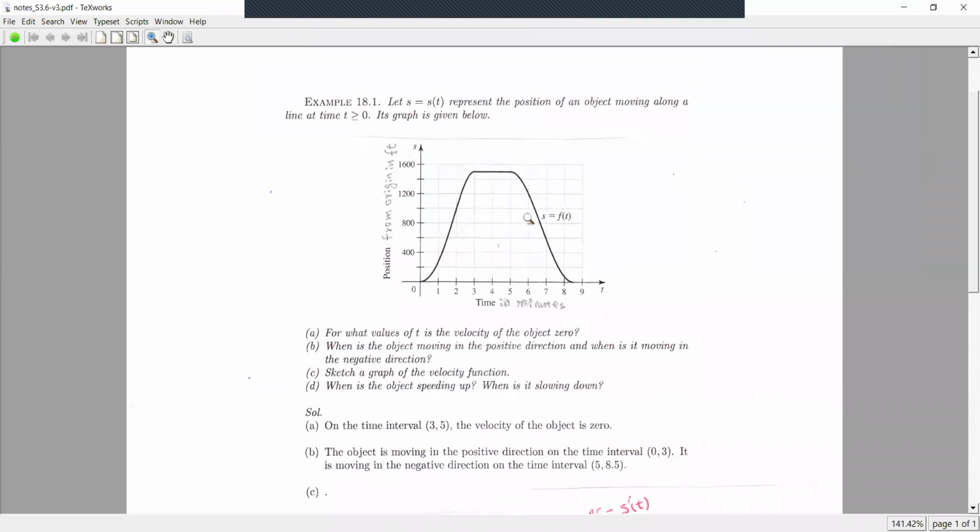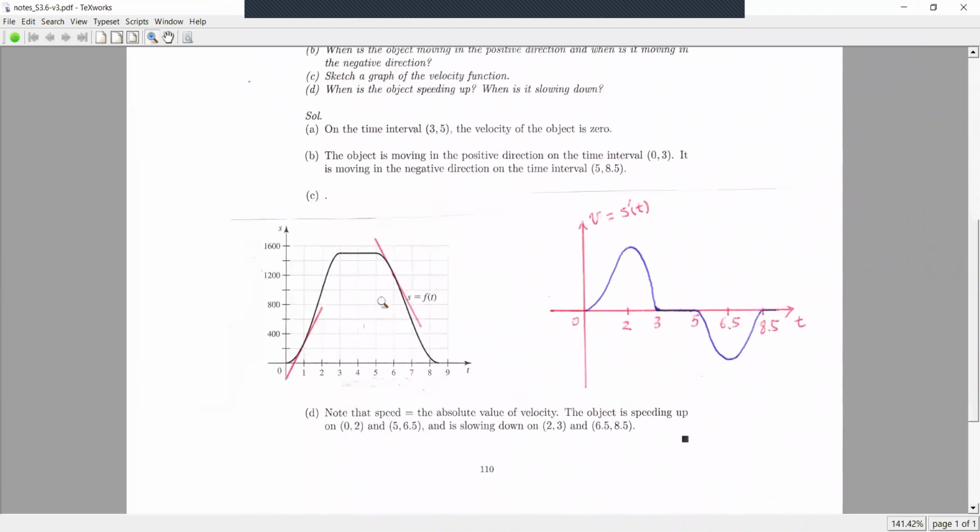For the convenience of my presentation, let me copy this figure here. Now I plot the graph of the slope of the tangent line piece by piece. The first piece is from 0 to 3.